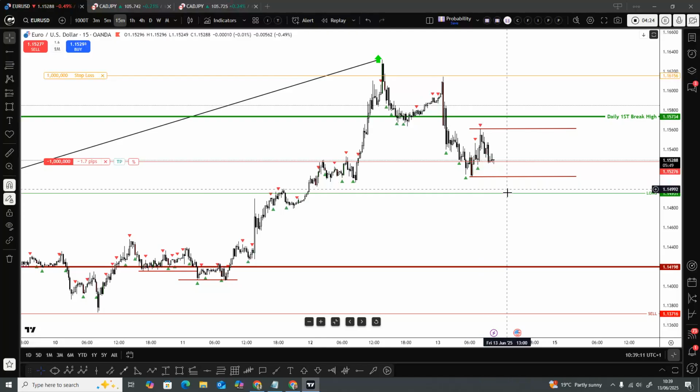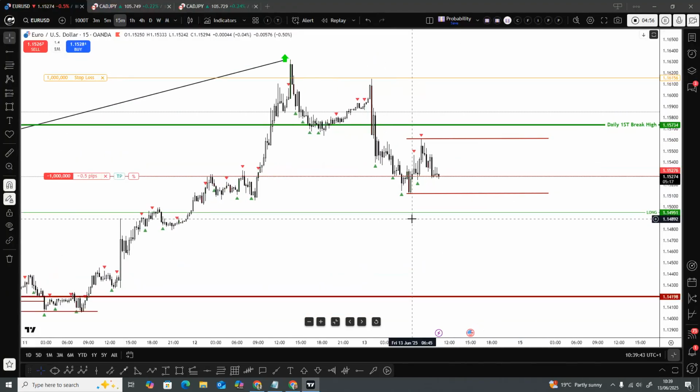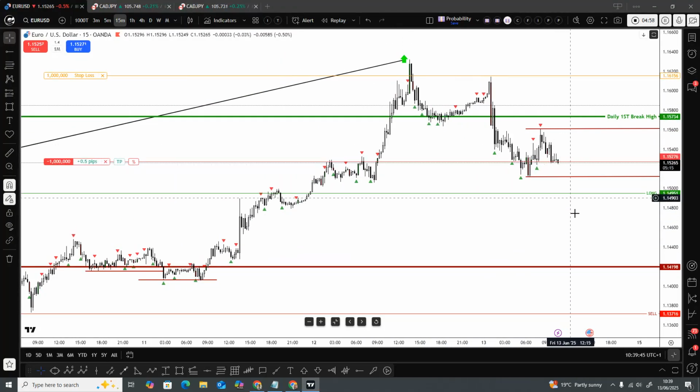The buyers can step in again, because that will fulfill a structural pullback, and we may have an attempt, which sometimes can be very strong, because the last people that are still in the market, making money here, won't come out yet until this low, and they may want to force the market back to get a higher exit in the price. So this is a quick update that the euro looks promising.